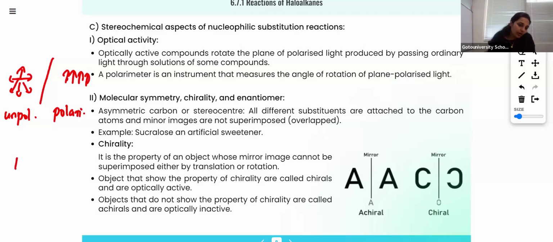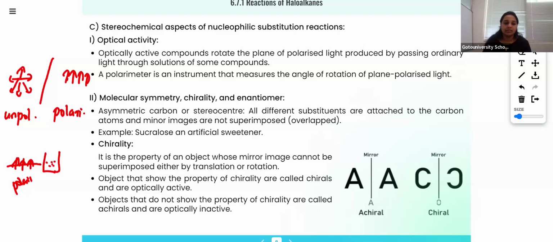When this polarized light is passing through an organic compound, if the compound is capable of rotating the plane of polarization of this plane polarized light, either into the right direction or into the left direction, the compound is called an optically active compound.